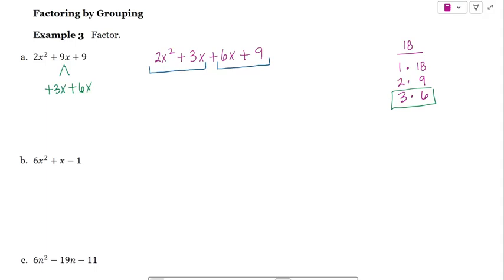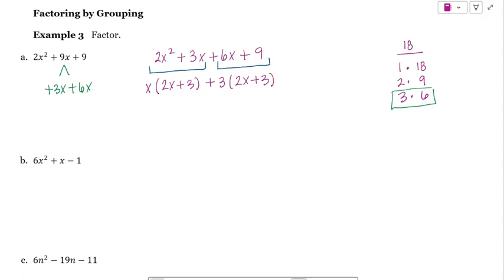Looking at the first two terms, they both have an x in common that will come out to the front, and what will be left is a 2x plus 3. Looking at the second set, it looks like they both have a 3 that can be factored out, and there's a 2x plus 3 that's left.